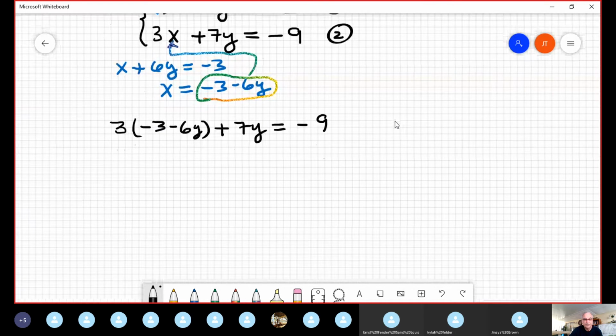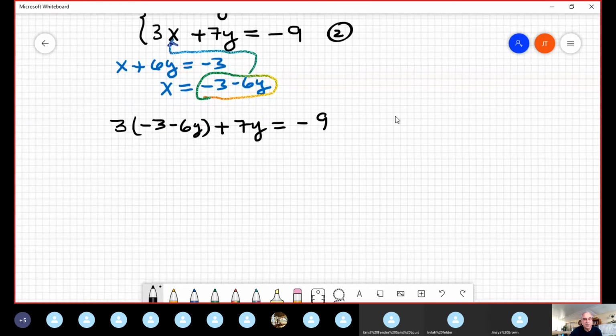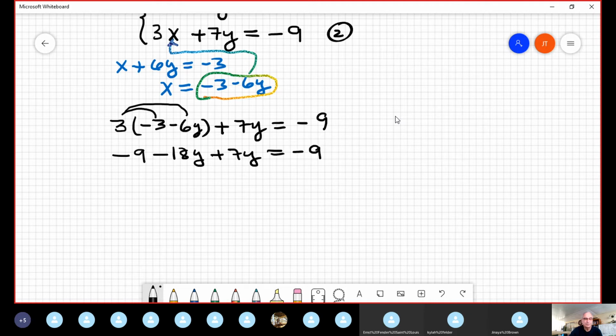Now I apply the distributive property because I want to remove parentheses. This is negative 9 minus 18y plus 7y equal negative 9. And we combine like terms. This and this together is 11, no? 11, yeah. So minus 9 minus 11y equal negative 9.